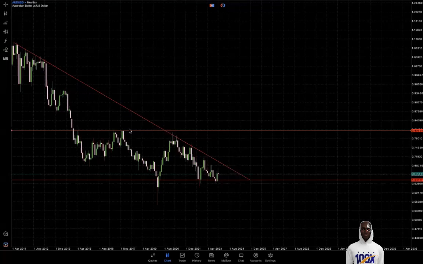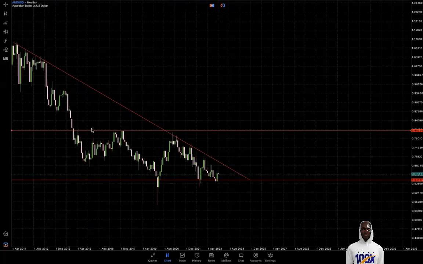Sellers have put in sell orders at this resistance level, and that's why most times when price comes to touch it, it rejects, before there is a breakout. And at some point, it will keep rejecting price.